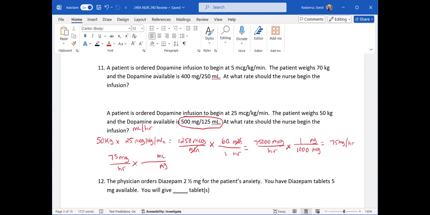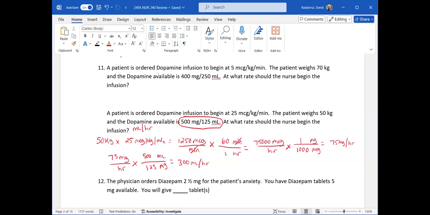Then I just put those values with the units that they go with: 500, 125. And then I just plug it into the calculator. So 500 times 75 divided by 125 gives me 300 milliliters per hour.